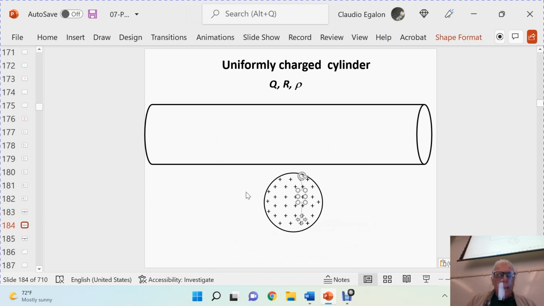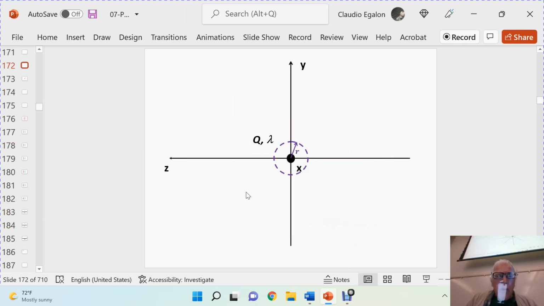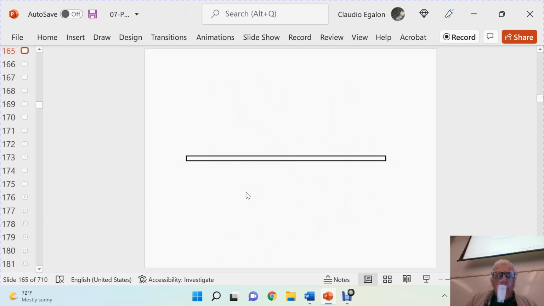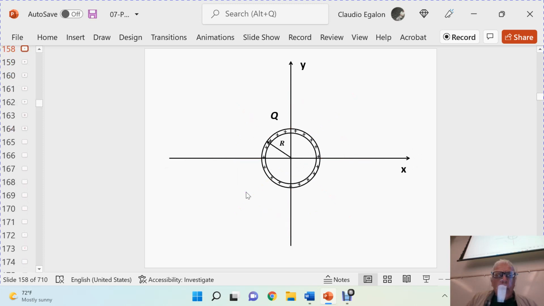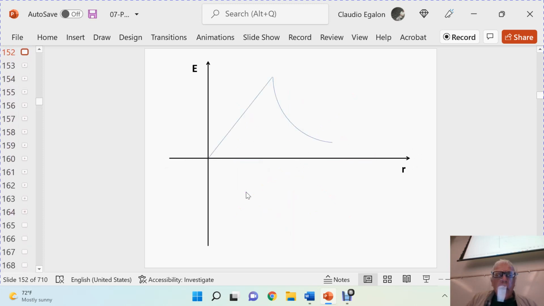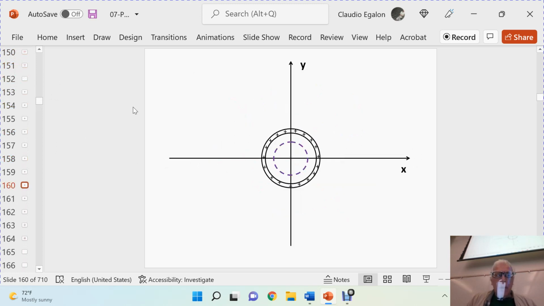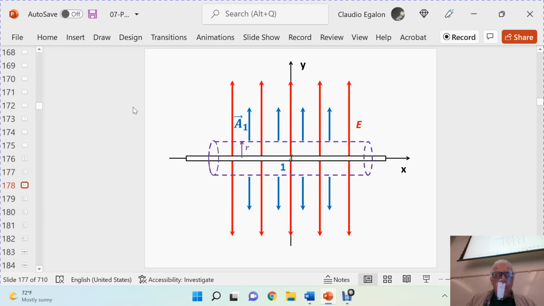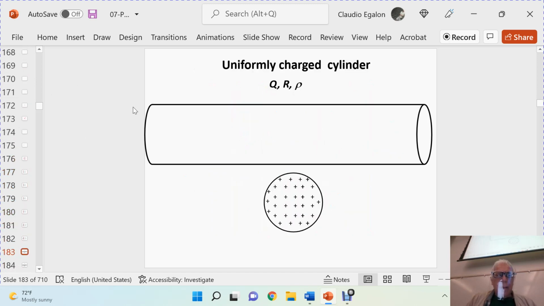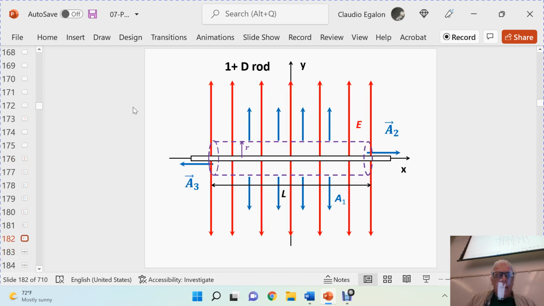I'm using the drawing I did for the sphere, but it can also be applied to the cylinder. Many of the drawings I can reuse.